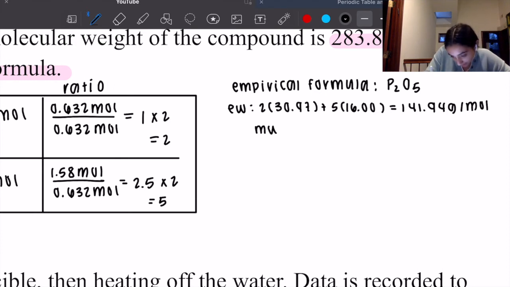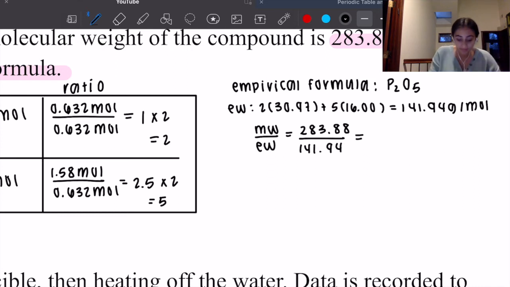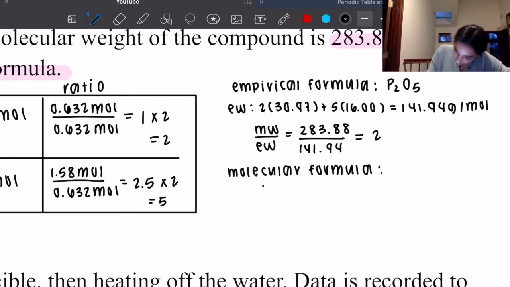And if I divide the molecular weight by the empirical weight, I'm going to get 283.88 over 141.94, which gives me exactly 2. So now we know that number we have to multiply by. So for our molecular formula, we're going to multiply P2O5 by 2 to get P4O10.